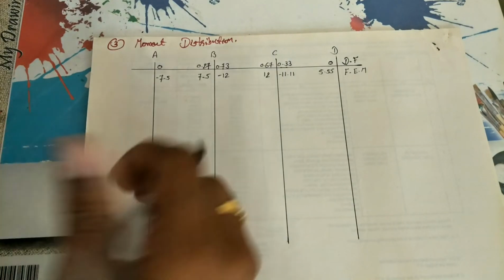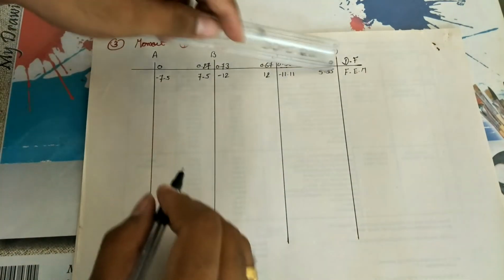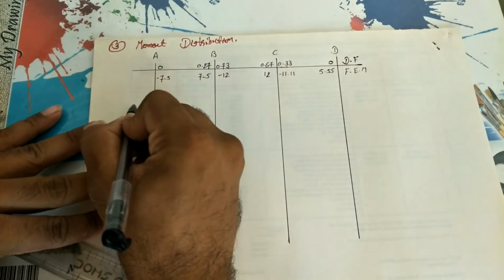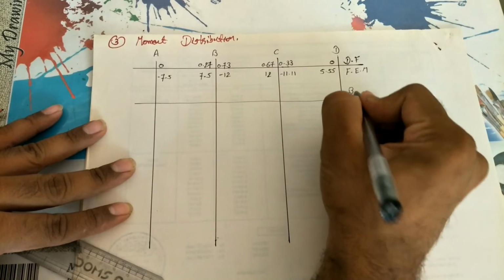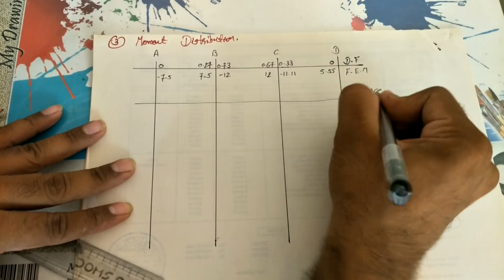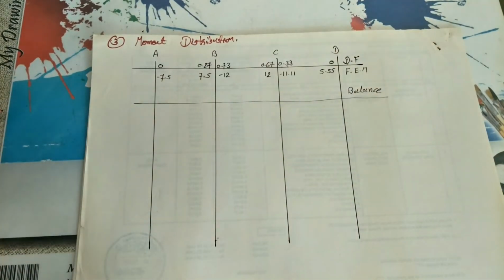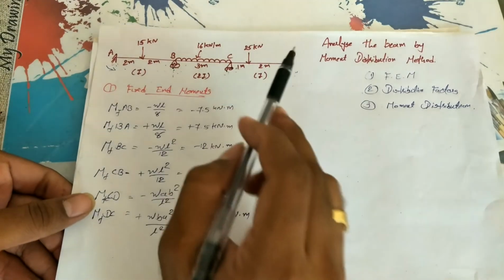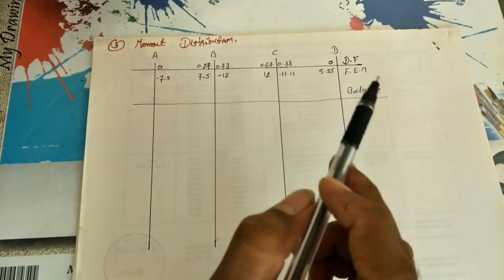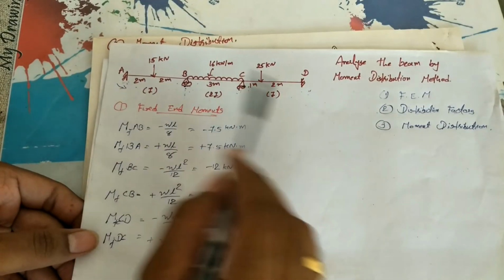How can you balance? Initially you know that your supports are fixed supports, so start from the supports whenever you are having fixed ends.